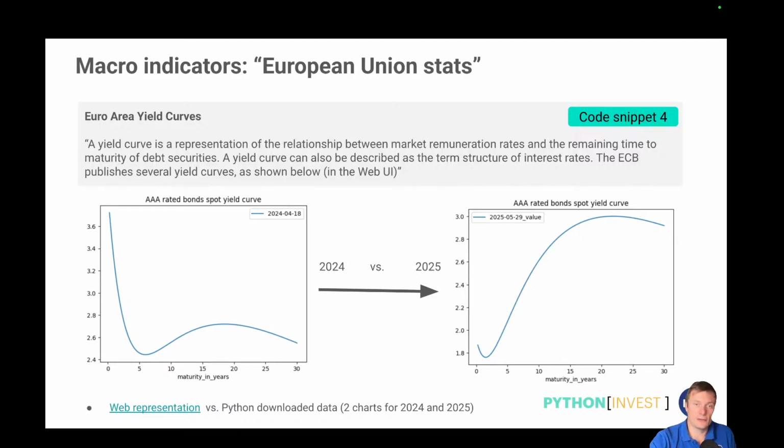I suggest you click the link and check what you can see on the web. If you compare those rates, exactly the same yield curve for 2024 and 2025, you can see that in 1 year it's a completely different picture.